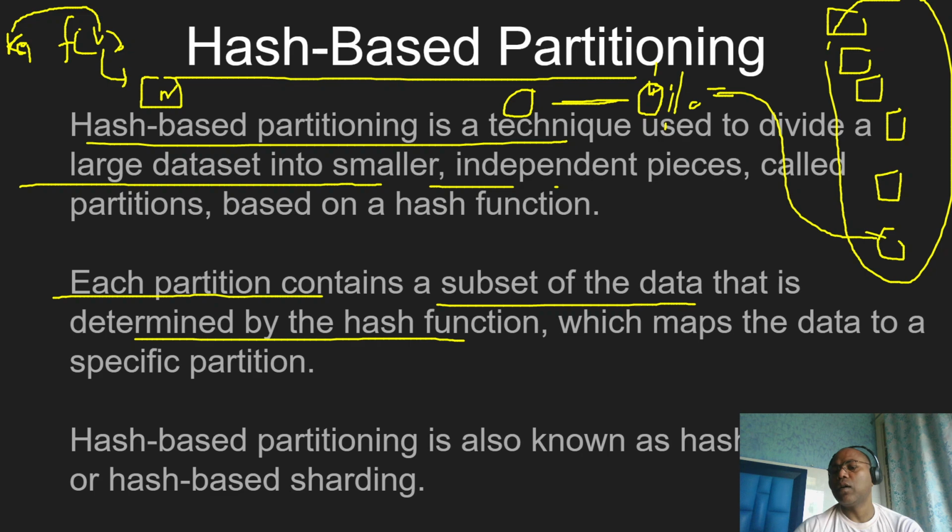When the next data comes, convert it to a number, apply the hashing function modulo 10, and figure out the partition. In this way, you convert the request to a number, take modulo of the number of partitions you have, 10 partitions so modulo 10, and find the partition number where you are going to store data.